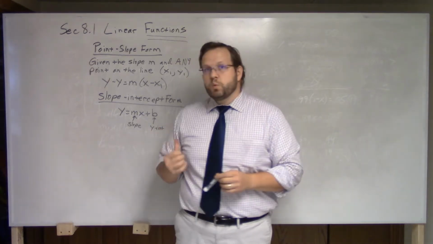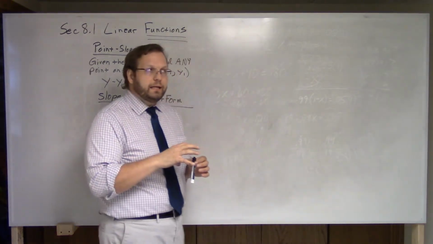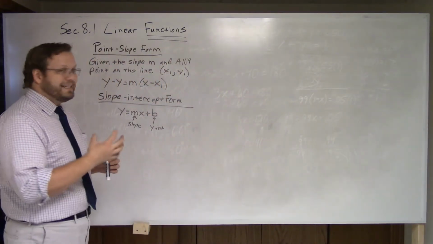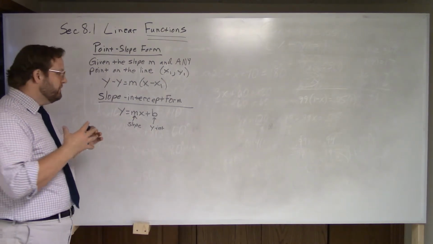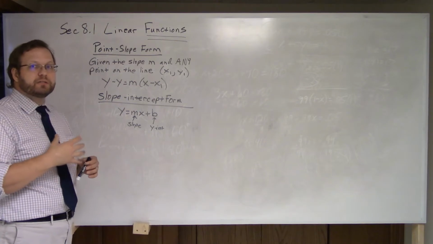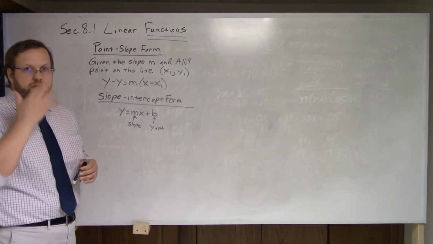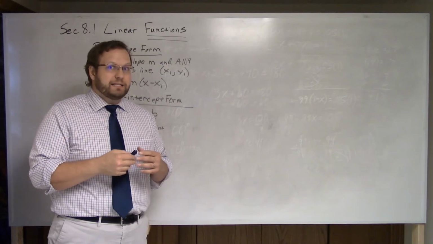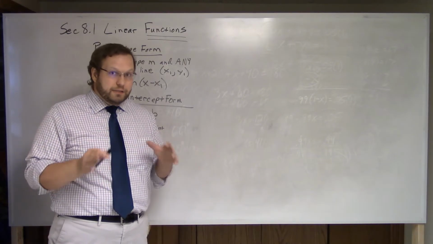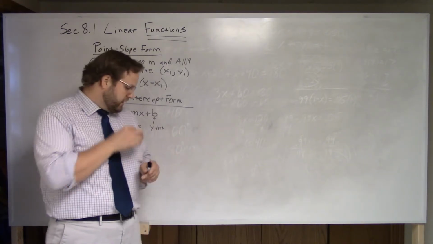Now, this is where we're going to introduce the idea of a function. What we're going to really be focusing on and including here is function notation. Function notation is that f of x. Remember though, f of x is a fancy way of writing y. That's all it is, a fancy way of writing y.